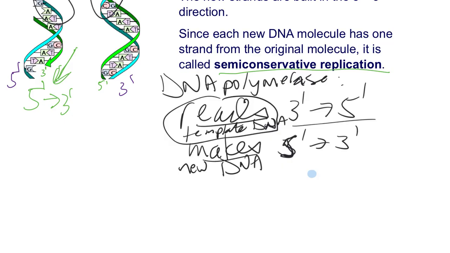Now, this is an important term. Each new DNA has one strand from the original molecule, the template strand, and the other strand is a new strand. So this is called semi-conservative replication. Semi means partially saved.